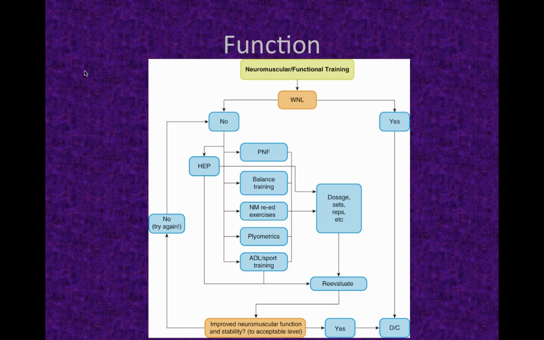Talking about function and looking at neuromuscular and functional training, we start looking at motor control and motor performance. So what is the person doing? How are they moving? Attending to how the person is moving becomes even more important in this functional training. As you start moving through, now we're getting into somebody who looks normal, but maybe you're getting into more sport-specific training.